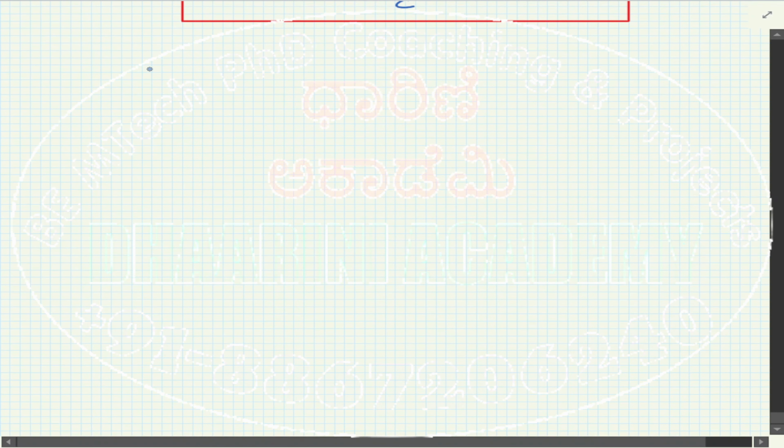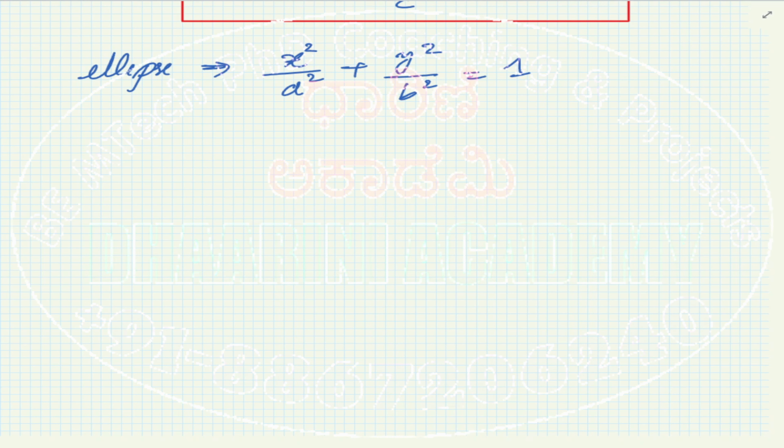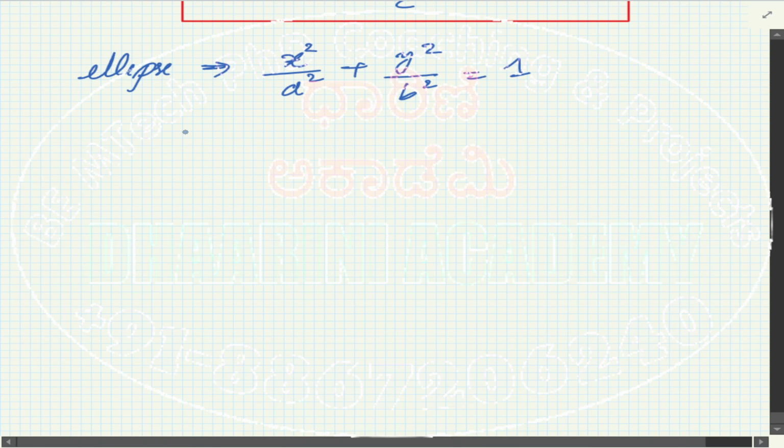Okay. Now in the same part they have mentioned calculation of the area of the ellipse. So let's write the ellipse first. The ellipse given is x square by a square plus y square by b square equals 1. When such a curve is given, we should directly substitute x is equal to a cos theta.